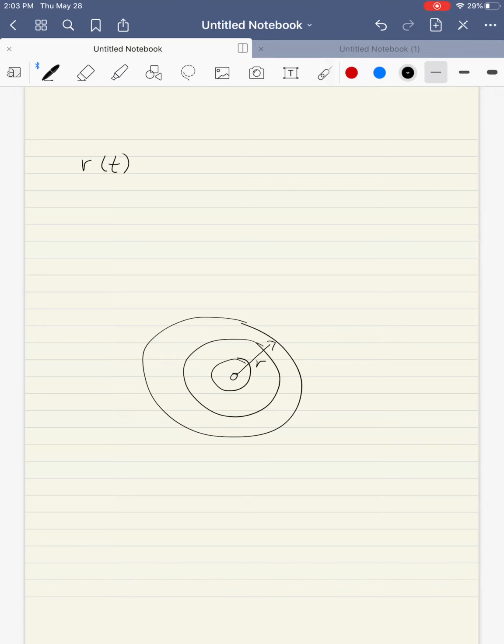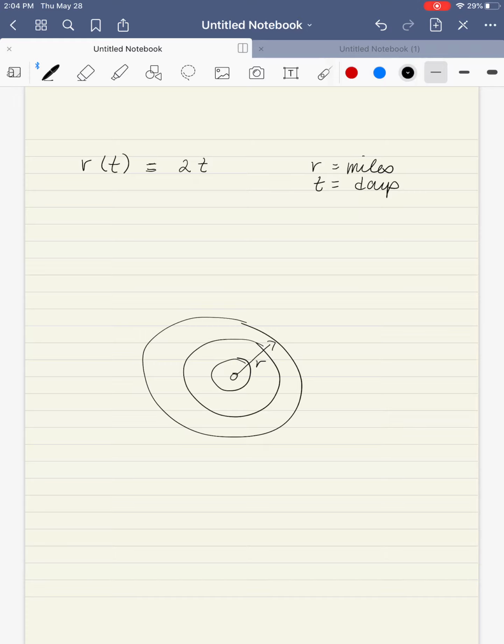And this is my radius here to the edge of the circle. So let's say that we know that after each day, the radius will be 2 times t, where r is in miles and t is in days.